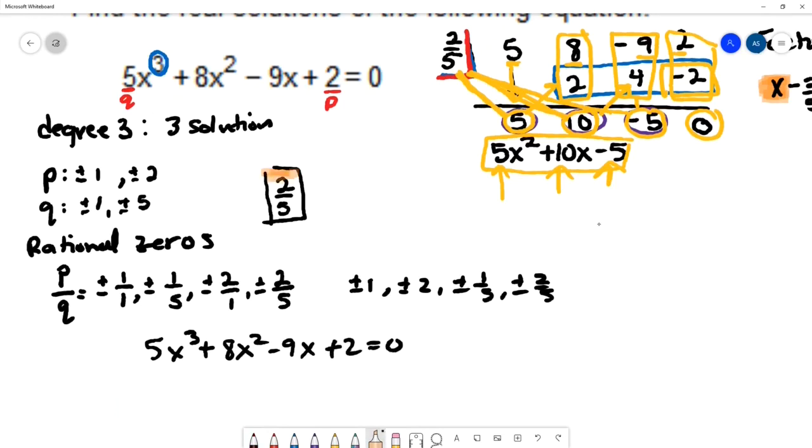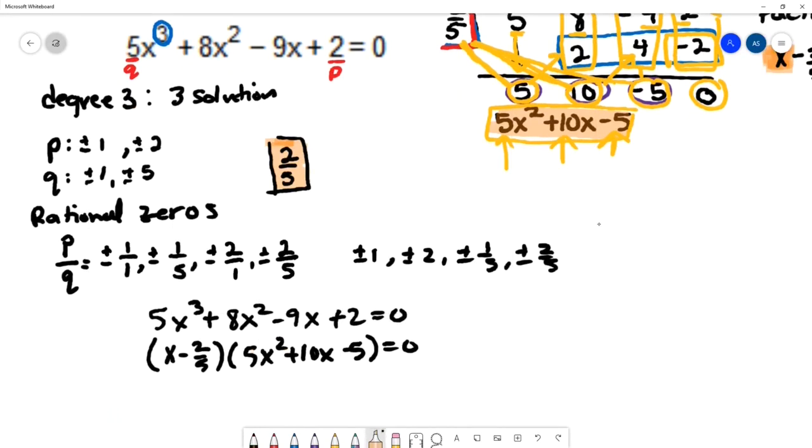And using that rational zeros theorem, we were able to identify one rational zero, and then we did some synthetic division, and we were able to reduce that down. So now I'm able to rewrite this polynomial as x minus 2/5 times 5x squared plus 10x minus 5 equals 0.